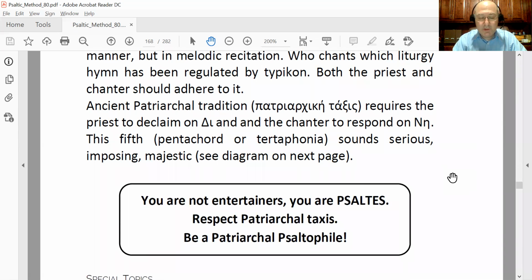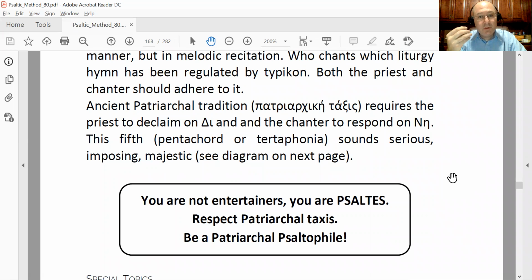But before I do that, three very important points. You are not church musicians, or at least I wouldn't like you to be just church musicians. You're not performers. You're not entertainers. You are psaltes. O psaltis, one psaltis, e psaltes, many psaltes.